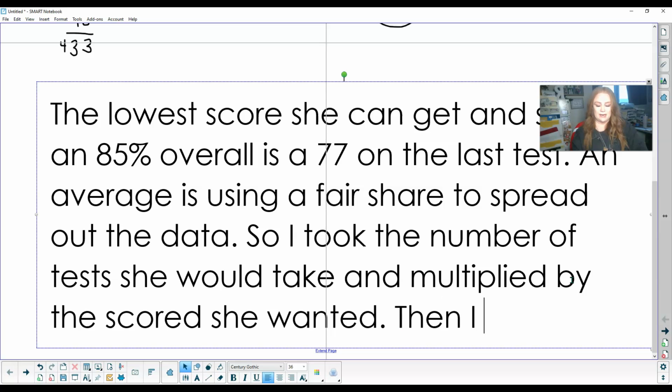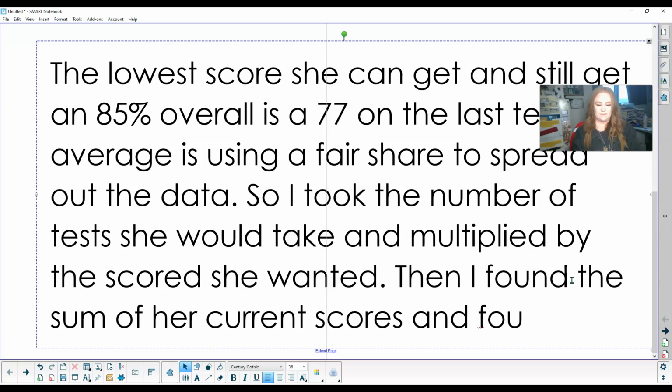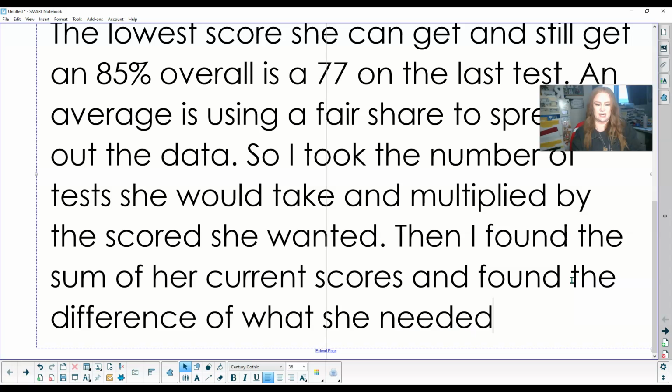Then I found the sum of her current scores, right? And found the difference of what she needed still.